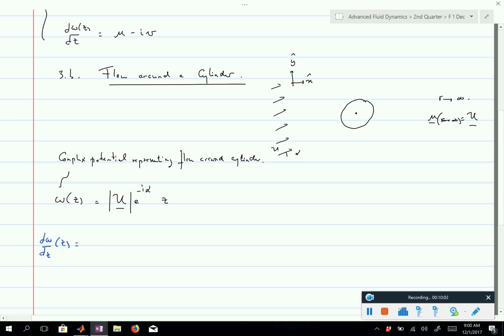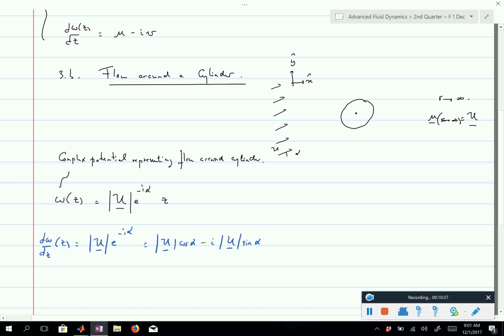So when you differentiate U e to the minus i alpha z, you differentiate just like a function of a real variable, so the derivative of z is just 1. You end up with this, and this is equal to U times cosine alpha, plus, or actually I should write minus, i U times sine alpha.